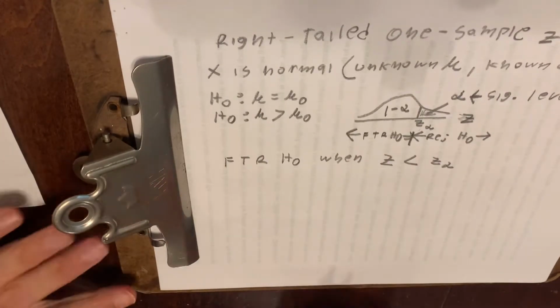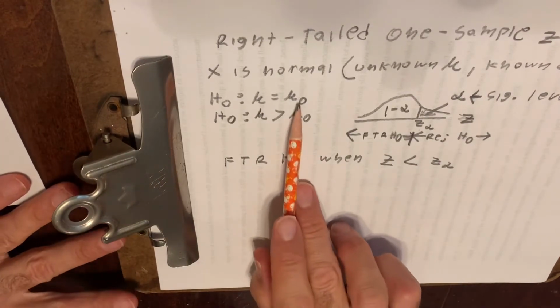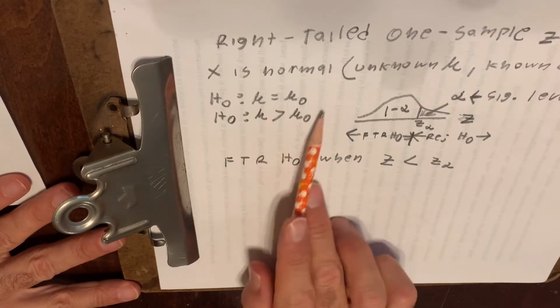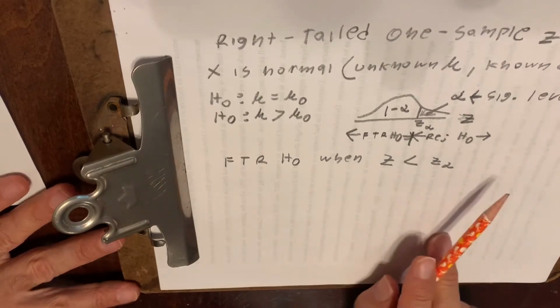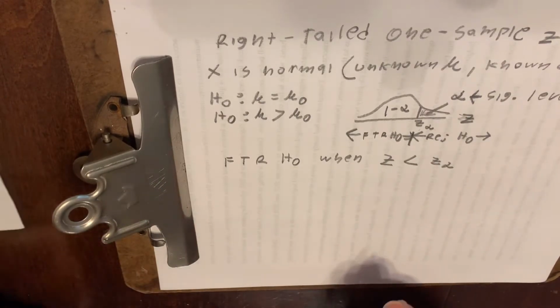Now remember, when we derive the confidence interval, we're solving for the value of mu naught such that we fail to reject the null hypothesis. I think I'm going to write this out for you again.